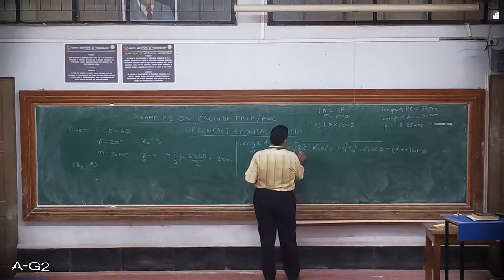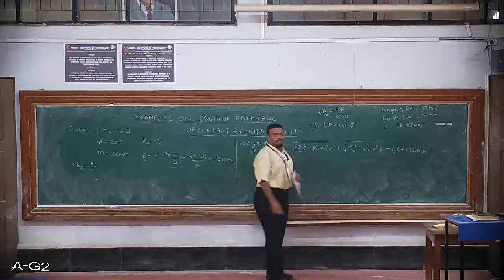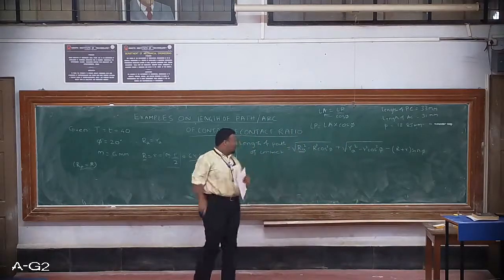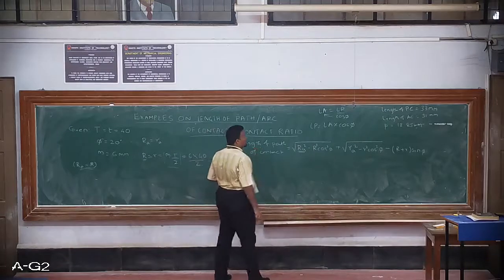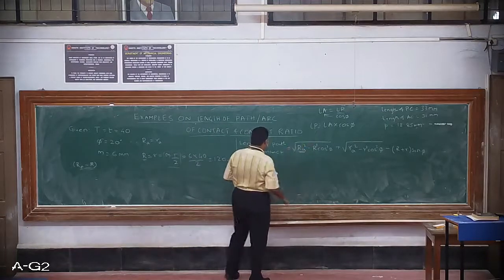In this we have the term RA which we can calculate. We have already calculated the length of path of contact, which is 31 mm.